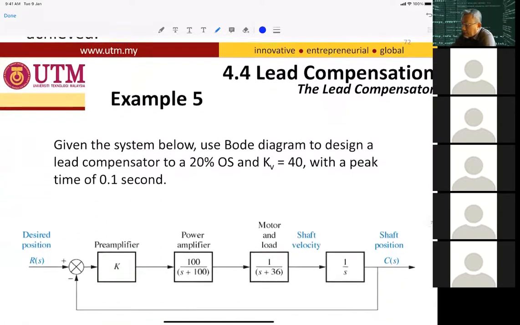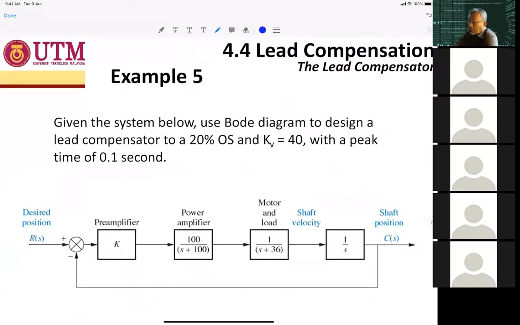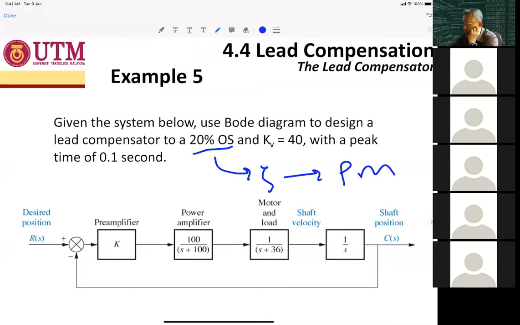Example 5. We are using the same block diagram. Given the system below, use the Bode diagram to design a lead compensator which will give 20% overshoot. Kv is given as 40, with a peak time of 0.1 second.